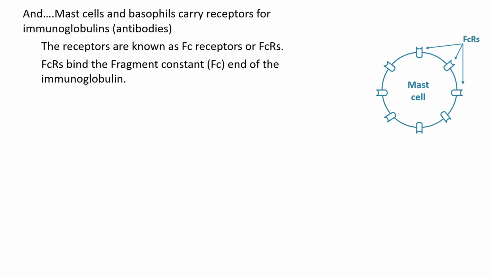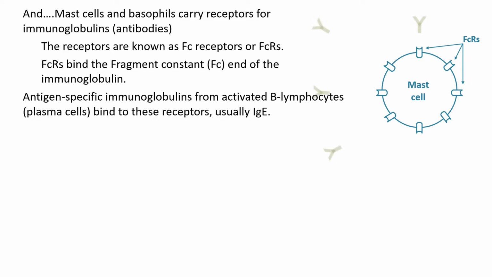When we release immunoglobulin that is specific for an allergen, those antibodies will bind via the Fc, the fragment constant end, the bottom of the Y, to the mast cells, to the Fc receptors. And this is where we get antigen-specific immunoglobulins.